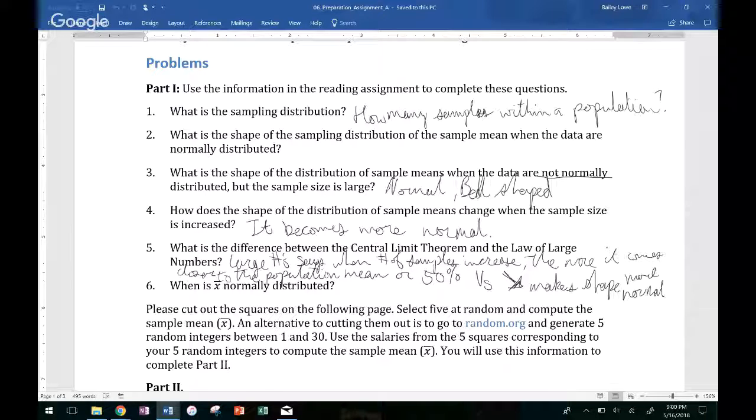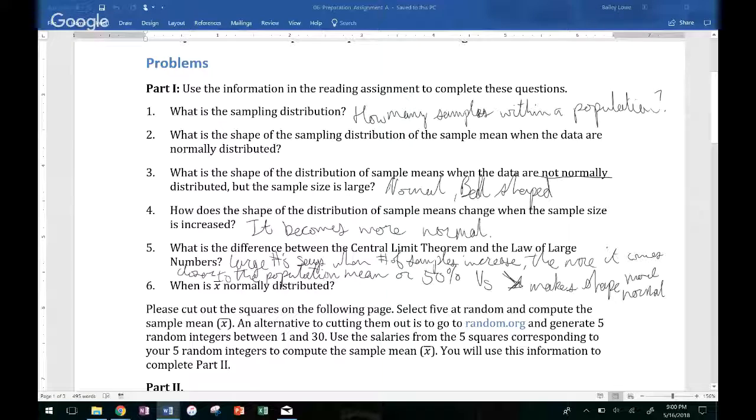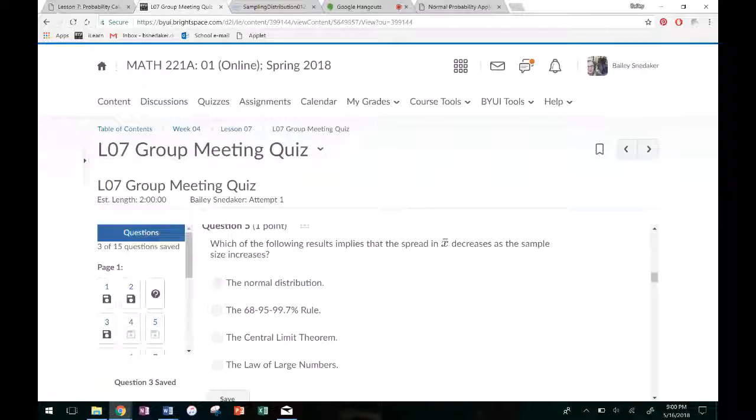It comes closer to the population mean. No, because the sample size.